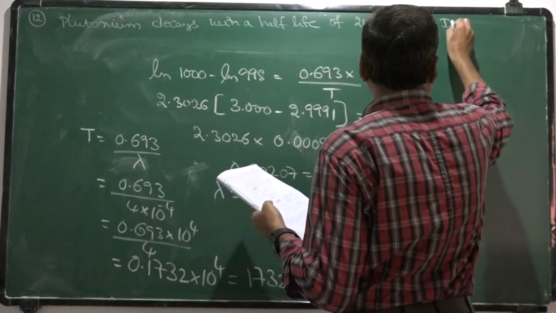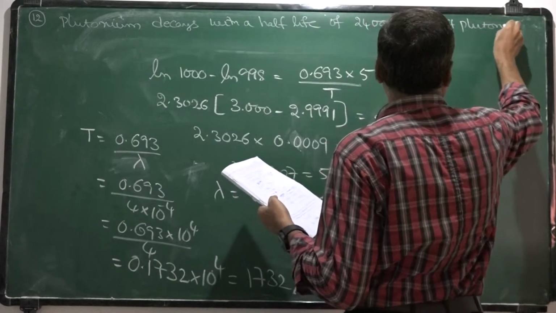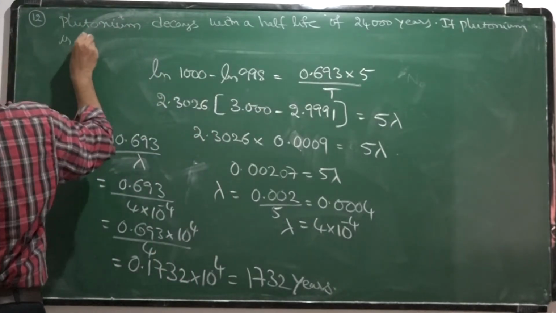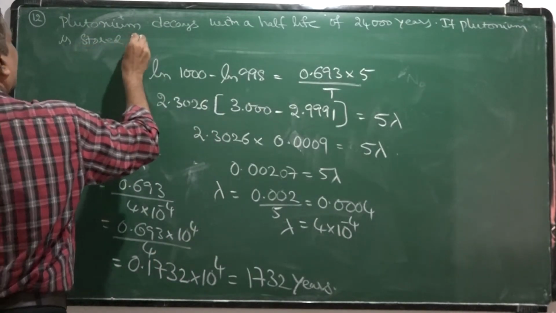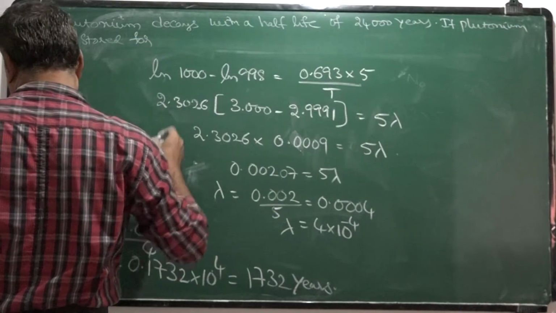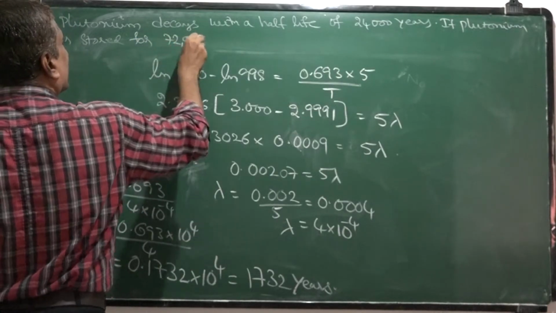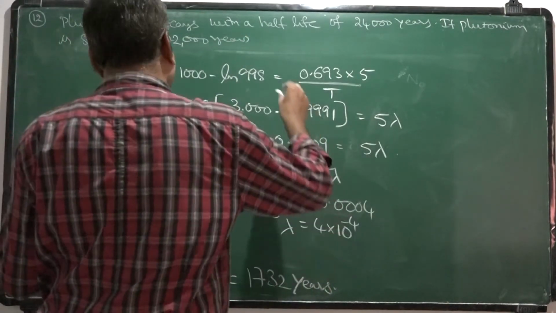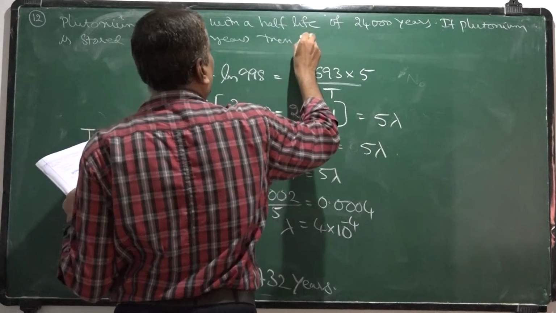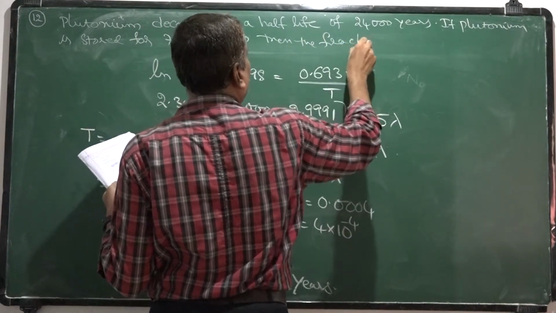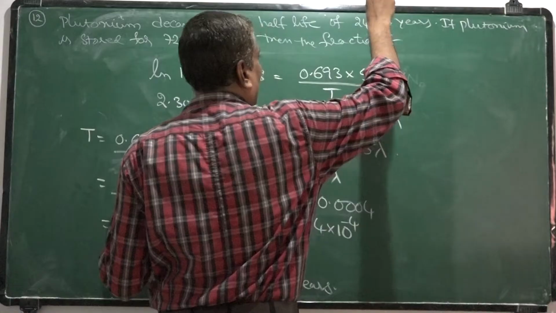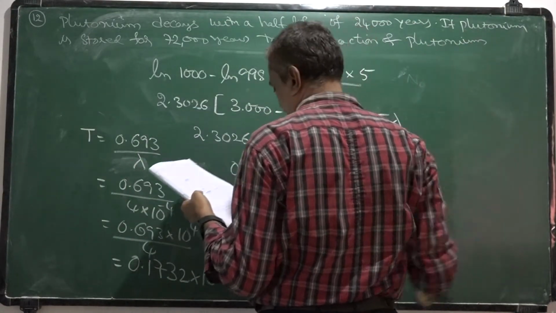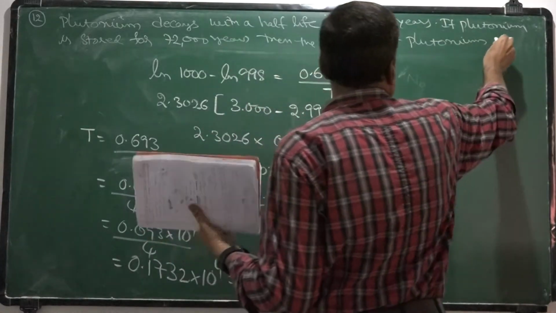If plutonium is stored for 72,000 years, then the fraction of plutonium that remains is.